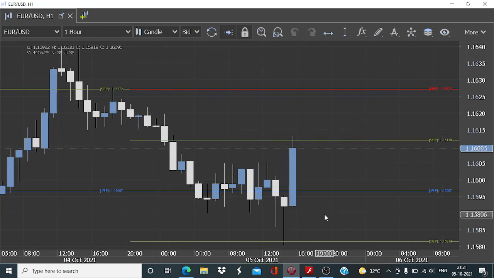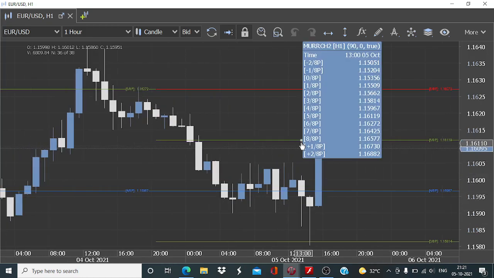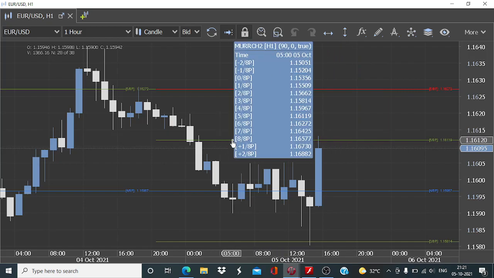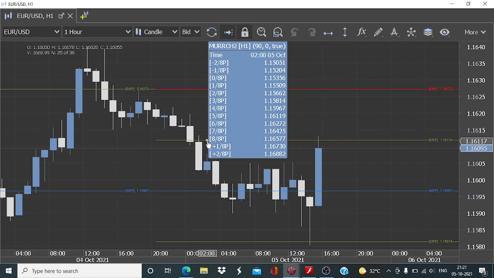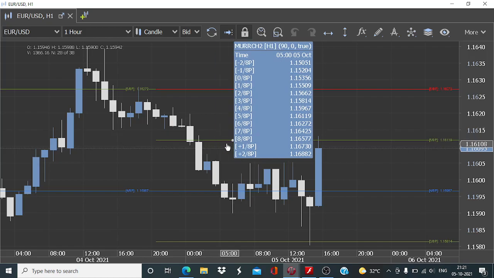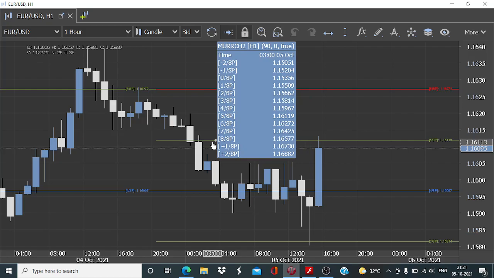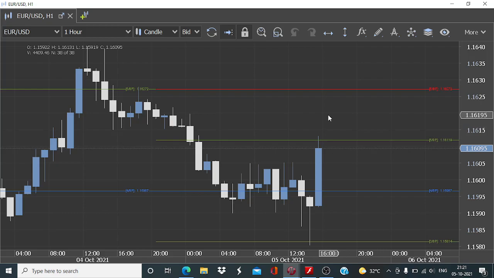To avoid that kind of scenario, we need to add the condition that the penultimate candle should have closed below this sixth of eight pivot point of the Murray channel, and only when this cross happens, we will see that the algorithm places an order, and after that, if the price action continues to rise, no order will be placed. So that's how this system should work.